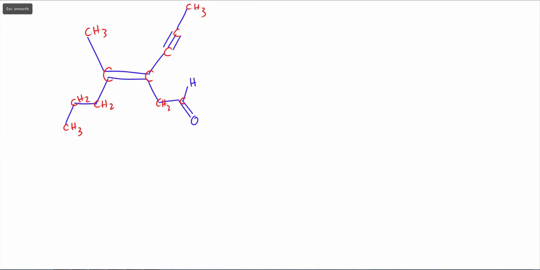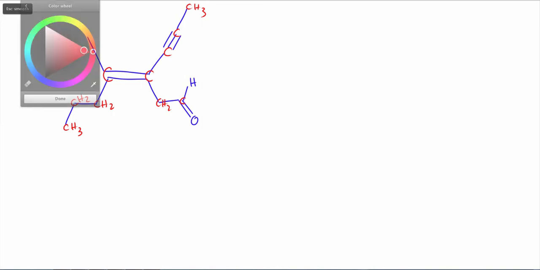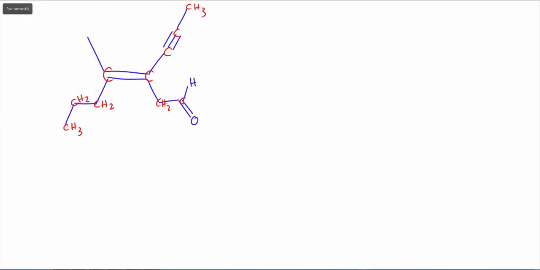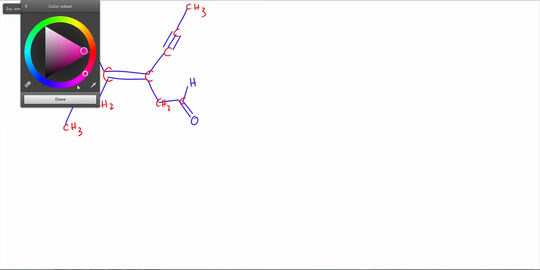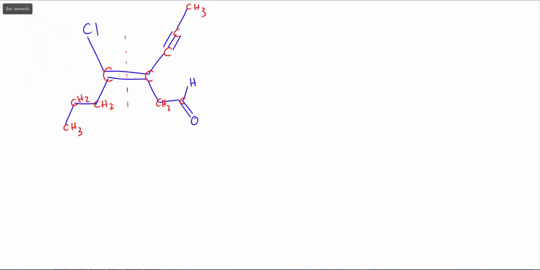So what we want to determine, let me change this to a Cl. Let me change that to a Cl to make it simpler. What we want to determine is the configuration, E or Z across this double bond.